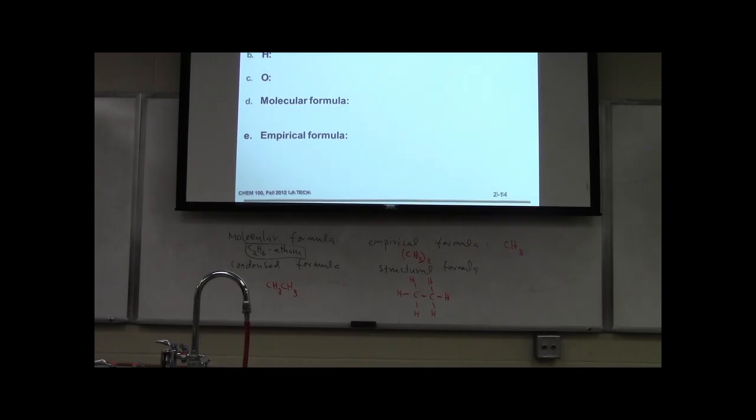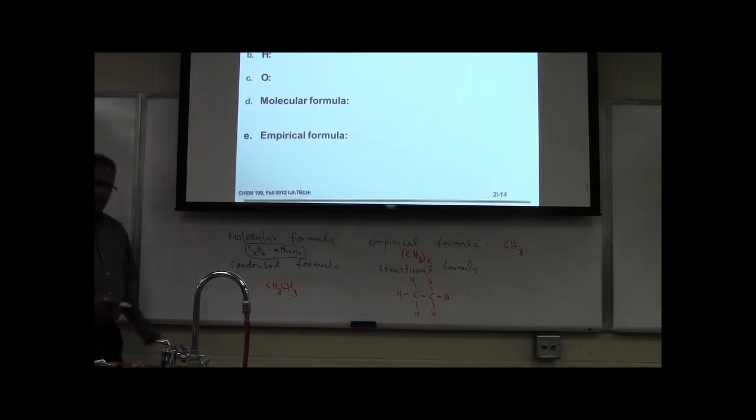C6H12O6. You find a common factor. What is the common factor? 6, right? 12 over 6, and you divide by 6, then you get that. That the factor is 6. Therefore, the empirical formula's simple ratio is 1 to 2 to 1. We don't write it that way.